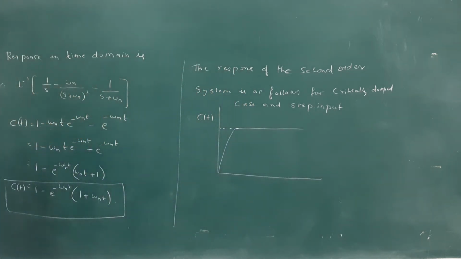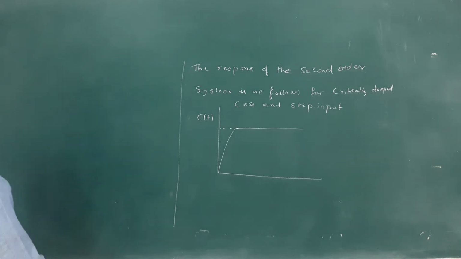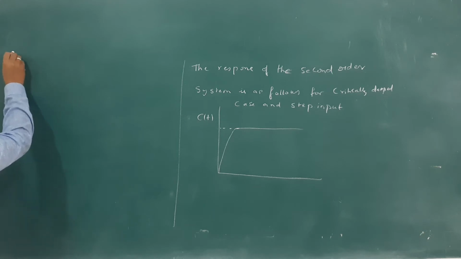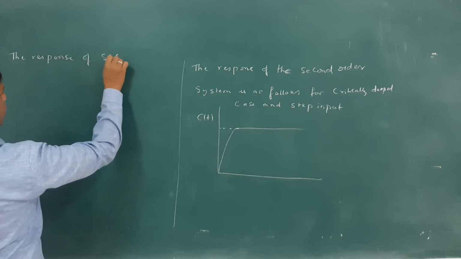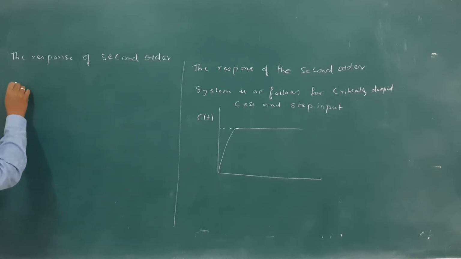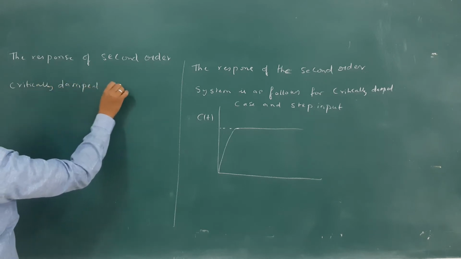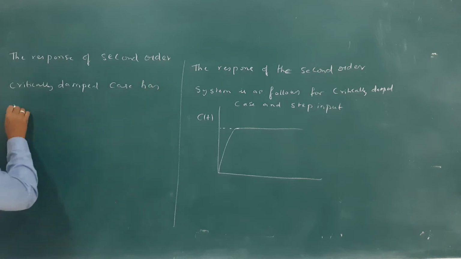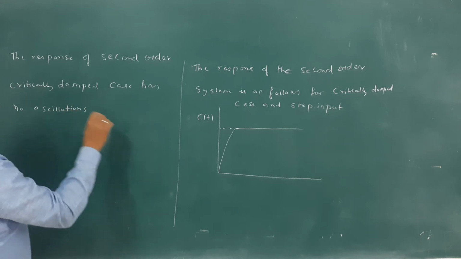So the final statement is the response of the critically damped second order system has no oscillations. As you are seeing here, these oscillations are removed.